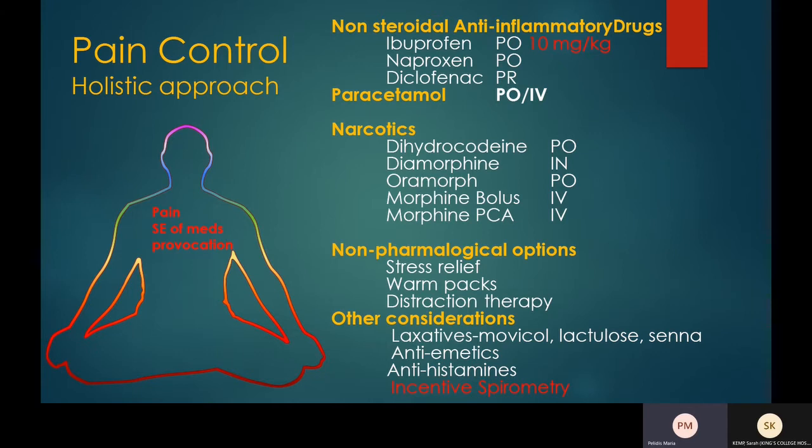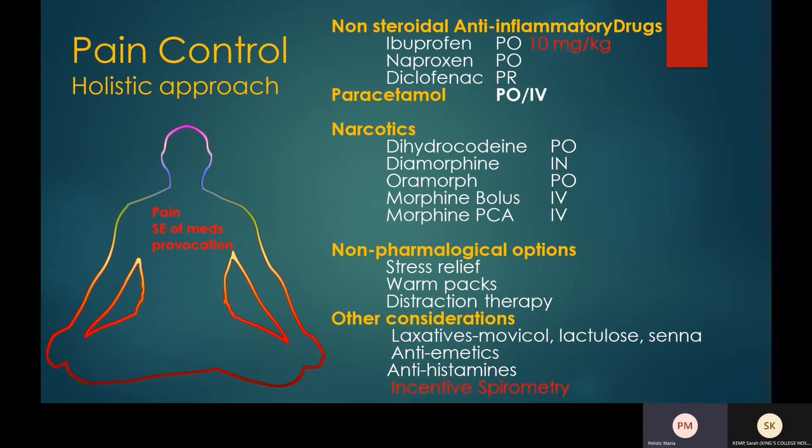When patients arrive in the hospital, if they need a stronger narcotic than dihydrocodeine, we will often prescribe diamorphine intranasally. This allows us to give quite strong pain medication prior to achieving vascular access. One can also give Oromorph orally, however, that takes a little bit longer to act.